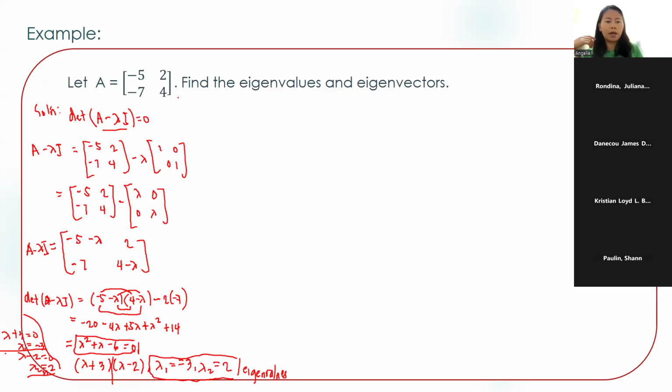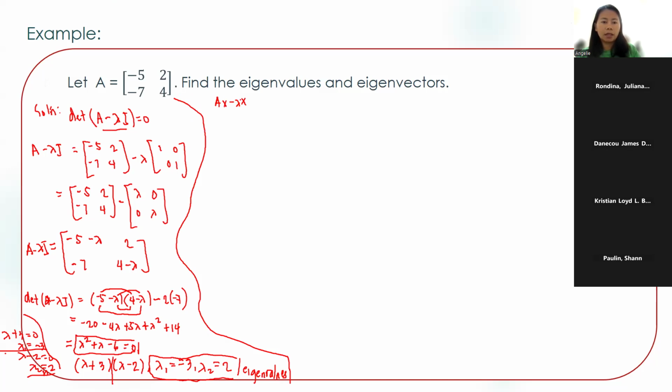Now we're going to find its corresponding eigenvector. Right. So we have here, again, finding the eigenvector, we're going to use this formula. Right.